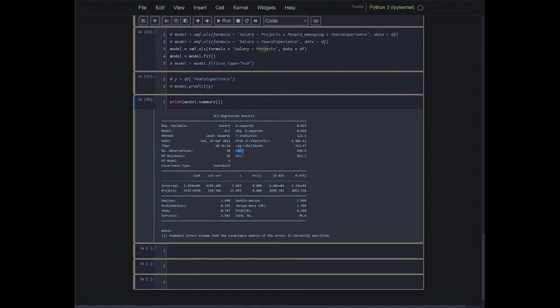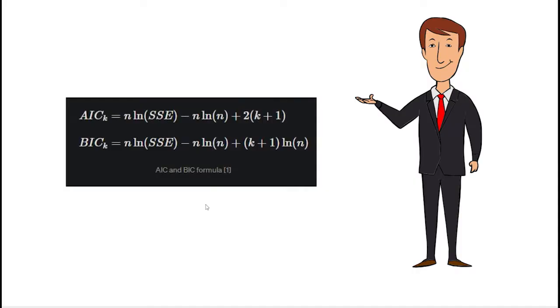AIC stands for Akaike Information Criteria, developed by a Japanese statistician, Hirotugu Akaike. And BIC stands for Bayesian Information Criteria, and we're going to see the equation for these two parameters now. So here is the formula for AIC as well as BIC.